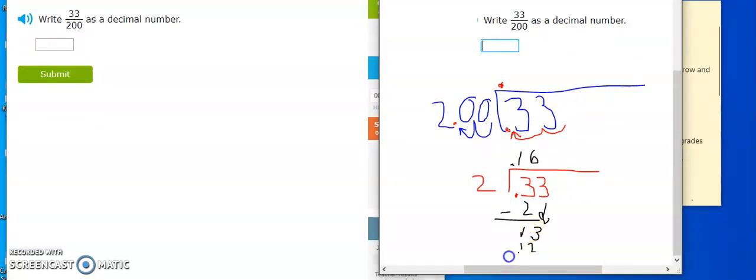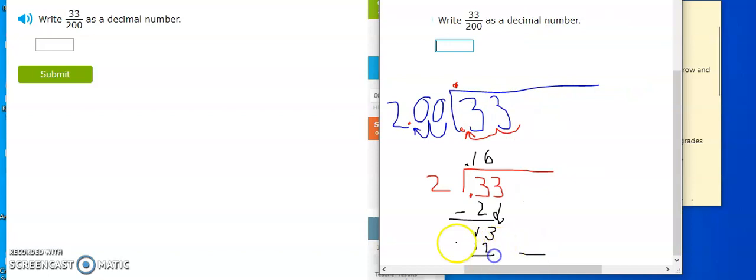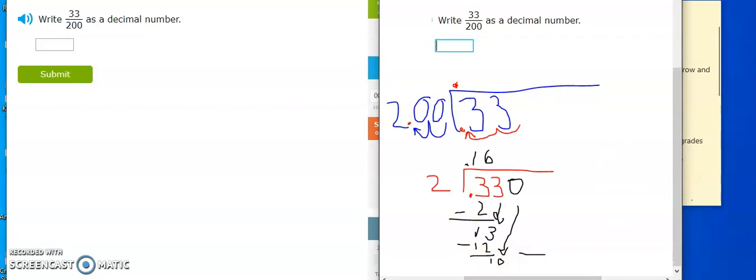Okay, now I have 12. Subtract that. 1. Now I'm going to add a 0 up here to bring it down. And 10 is divisible by 2 5 times, and 5 times 2 is just 10.